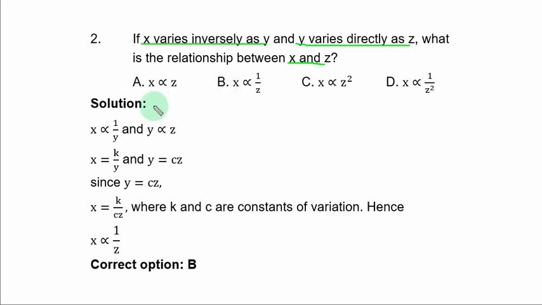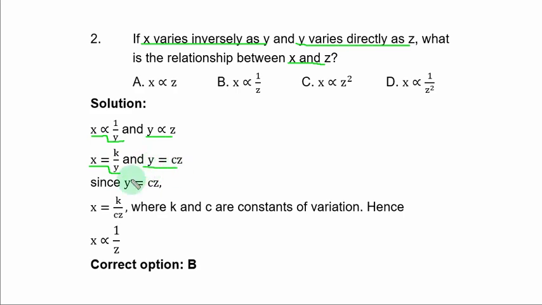From the first statement, S varies inversely as Y, and Y varies directly as Z. Next to do is to do away with the symbol of variation, and you do that by introducing equality sign and constant of variation. So you have S equal to K times 1 over Y, that can be written as K over Y. Now let's use constant C here. So Y equal to CZ.